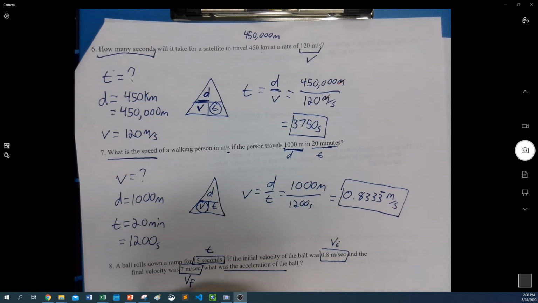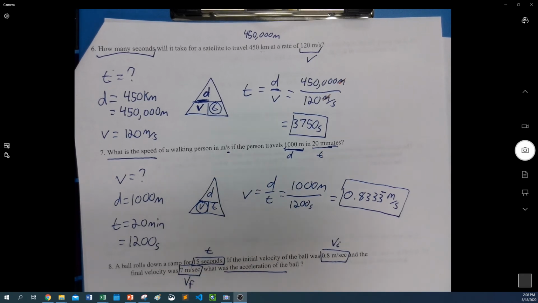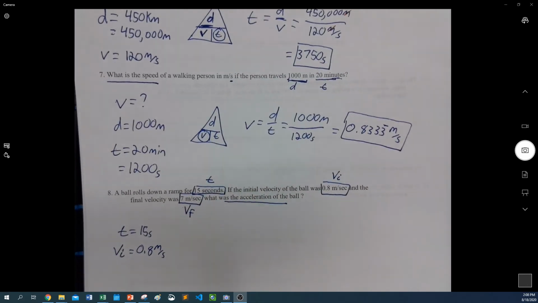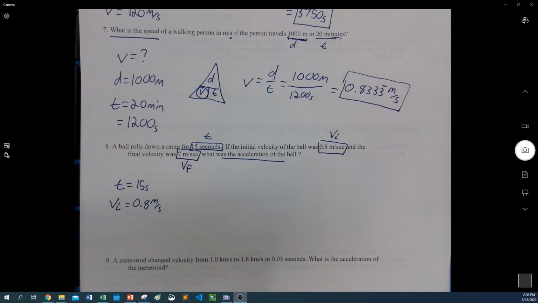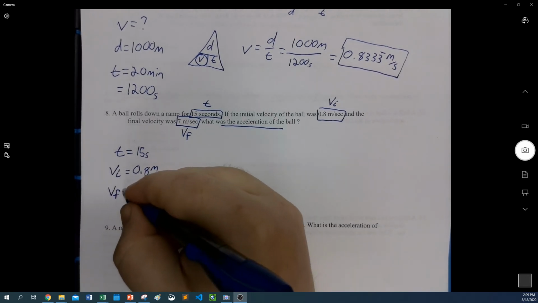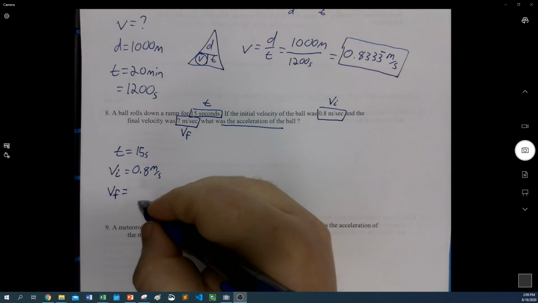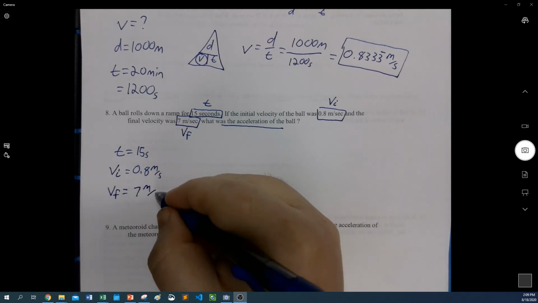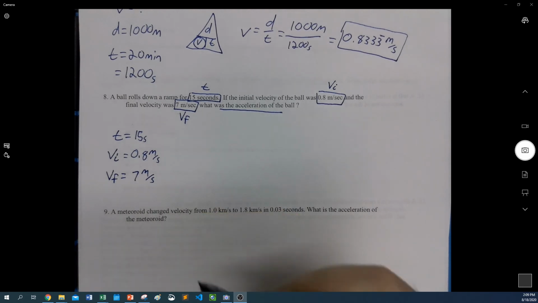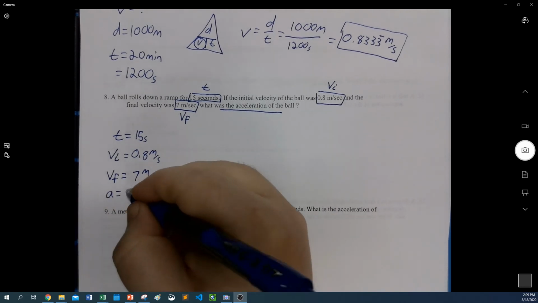So we have a time of 15 seconds, an initial velocity of 0.8 meters per second, a final velocity of 7 meters per second, and we're looking for acceleration.